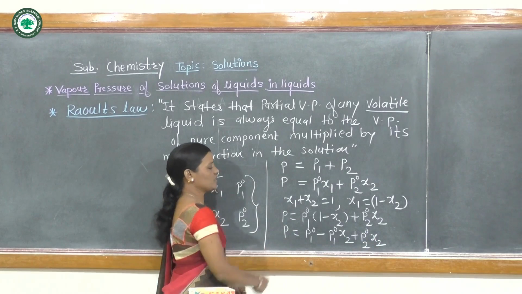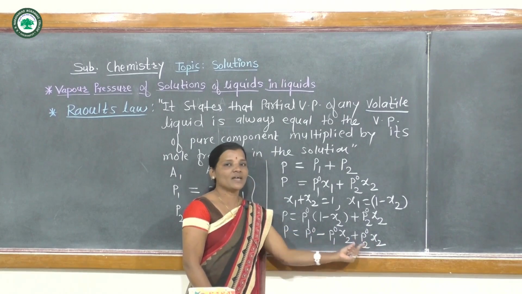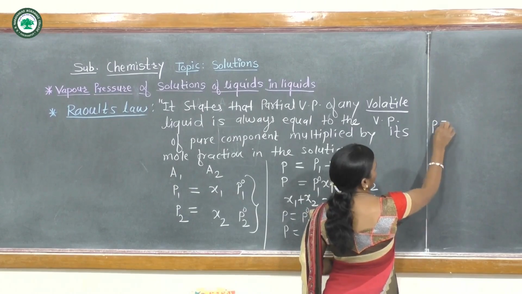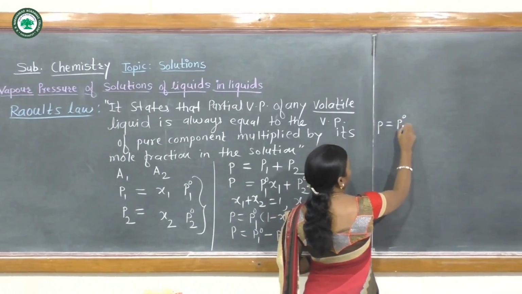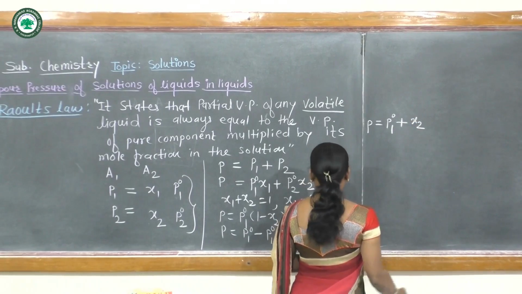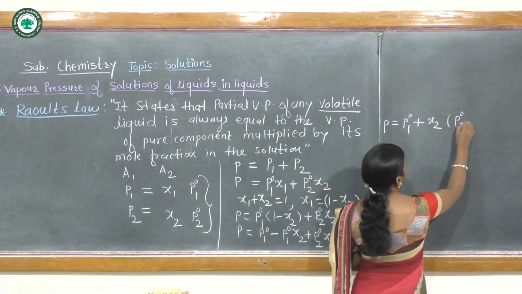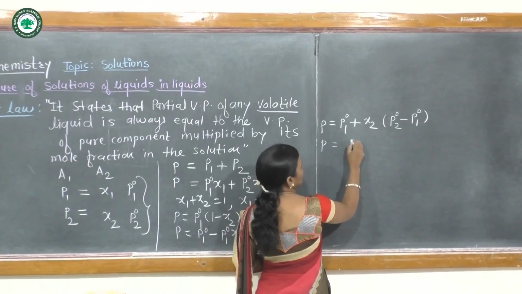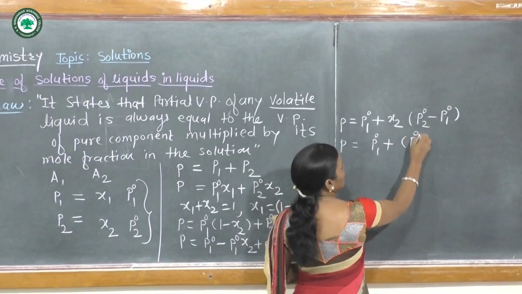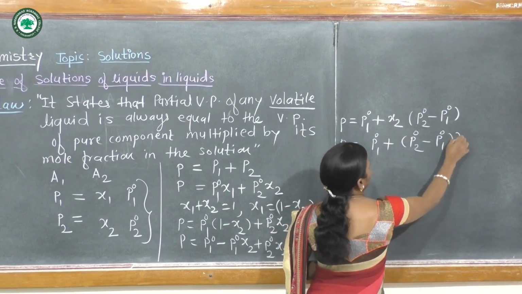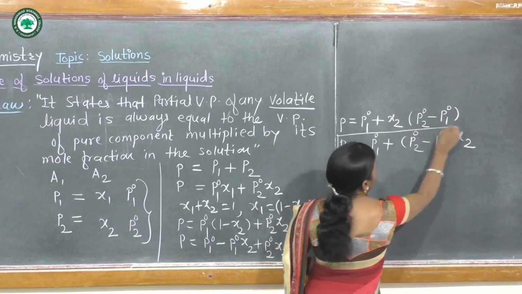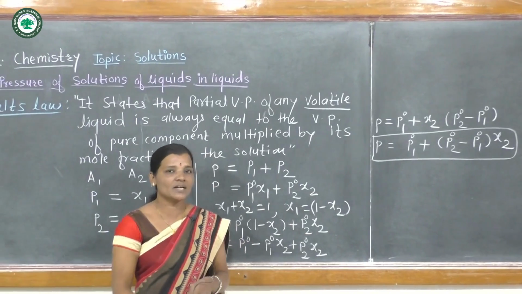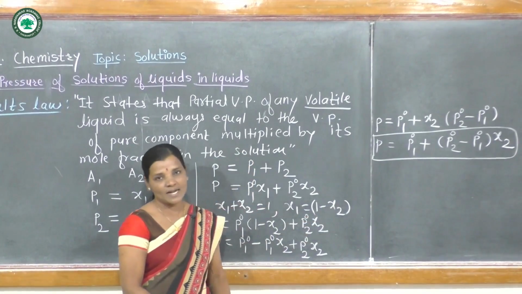Here in this equation, X2 is the same in both terms, so take that as common. We get P equals P01 plus X2 into (P02 minus P01), or we can write P equals P01 plus (P02 minus P01) into X2, and this is the required pressure of the solution, which is a binary solution containing two volatile components A1 and A2.